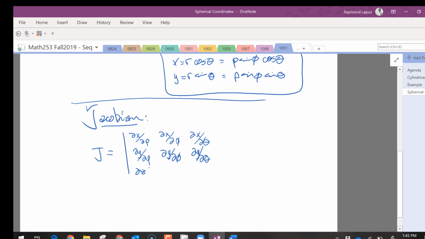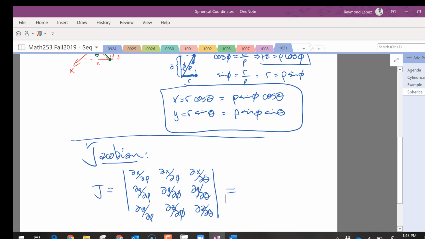Oh boy. 9 of them. So you need to take the partial derivative of x with respect to rho, and then the partial derivative of x with respect to phi, and then the derivative of that with respect to theta, and then do that for y and z as well.